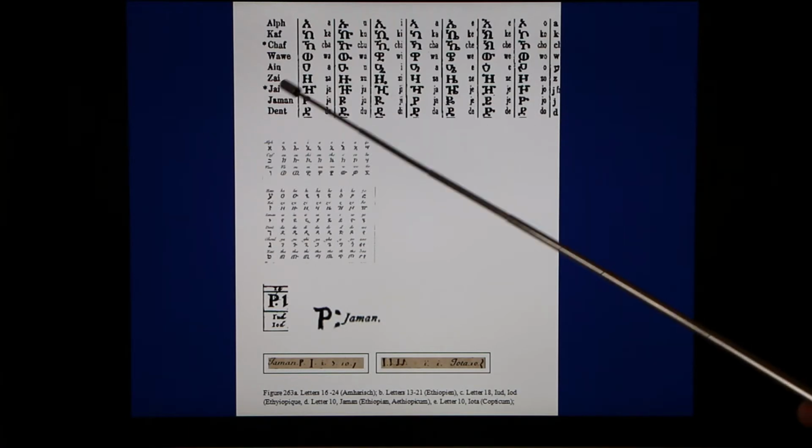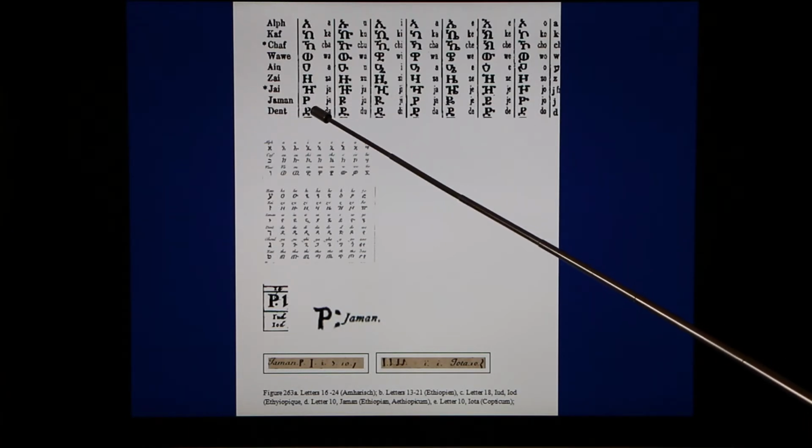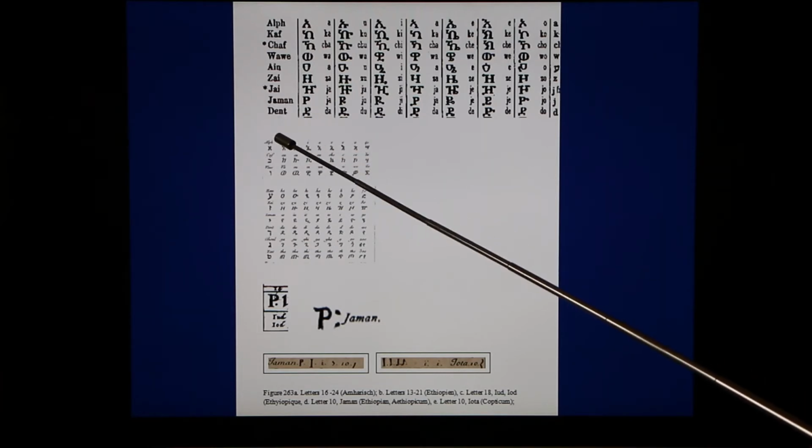Now this gets interesting because the letters 18, 19, 20 are Jai, Jaman, Dent. Now, in Sanskrit, the word is Jan, so birth.